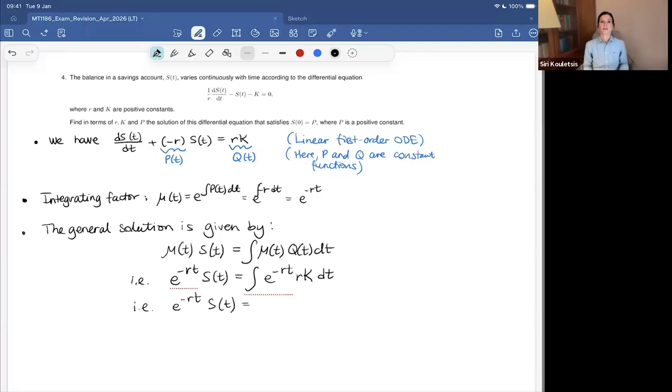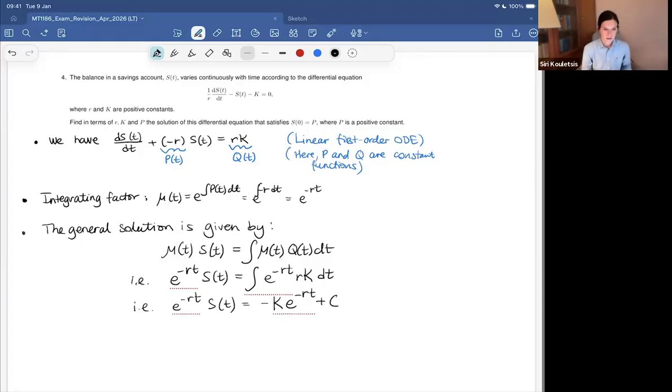Then we integrate the right-hand side, which is going to give us minus k e to the minus rt plus c.